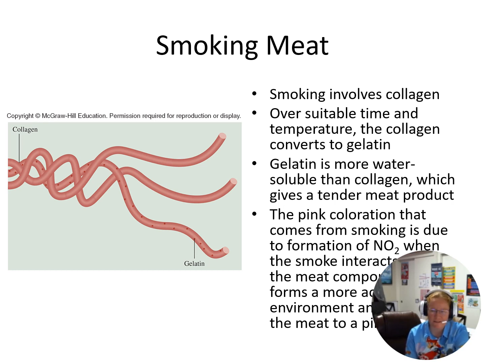And so smoking doesn't work if you try to do it quick flash. To get this conversion from collagen to gelatin to happen, again, suitable time. That's a really important thing. You have to have an adequate temperature, but you don't want to do it too high that you're going to burn it. You want to get it just to the right temperature, and then you want to let it go for a long period of time. Smoking meat is something that takes a good amount of patience.